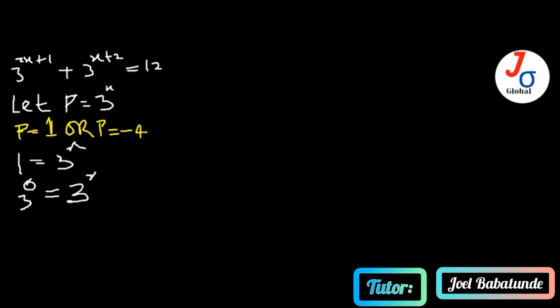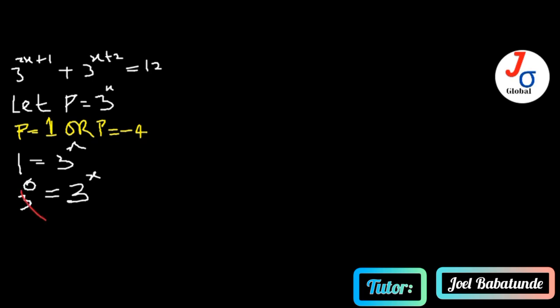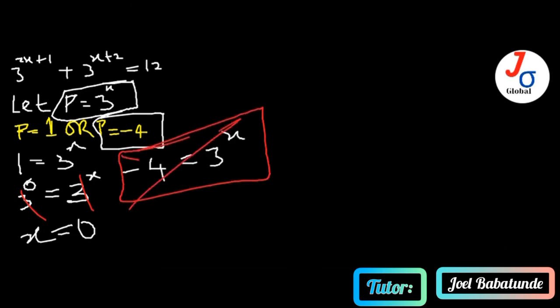And I may have to make it in the same base, so 3 will have to cancel out 3. So basically x equals to 0 from here. And if you're doing it from p equals to minus 4 using this expression, I'm going to have minus 4 equals 3 to the power x. So there's no way we could actually resolve this. So basically I'll just assume that this is not my answer. So this is my only answer, x equals to 0.